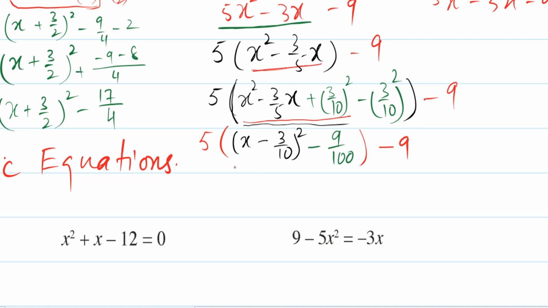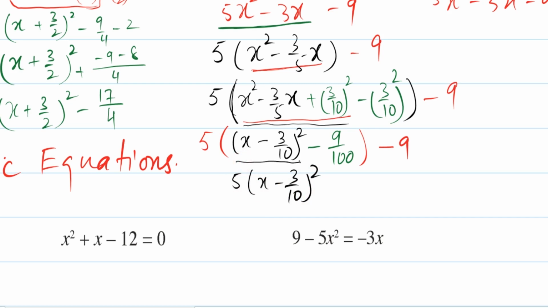Now I will open the red bracket. No need to open the inner bracket because that is what we were asked to have in the answer. I will be left with 5 times x minus 3 over 10 whole square. This 5 will multiply to both.